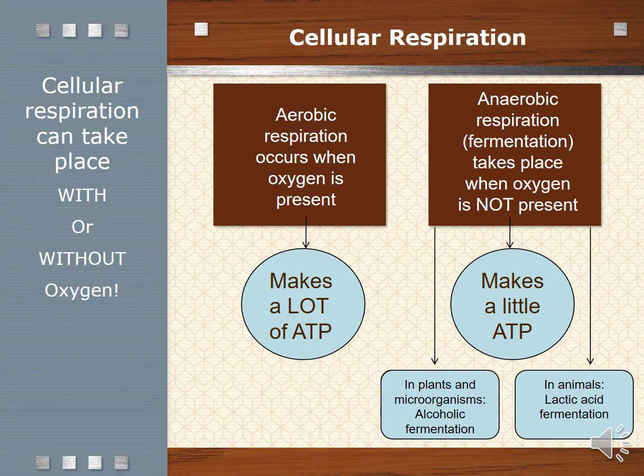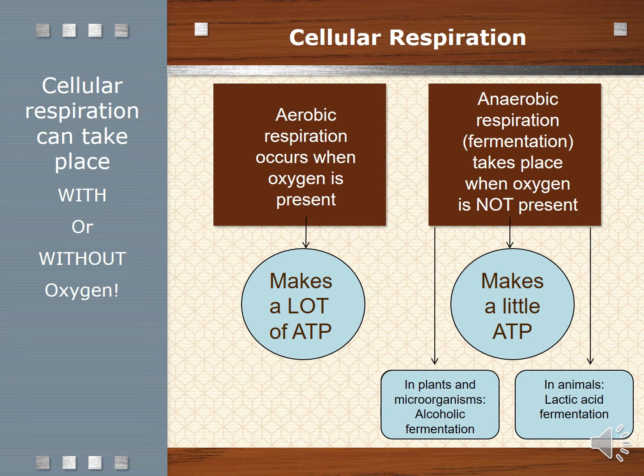Cellular respiration, however, can occur with or without oxygen. When you don't have oxygen, it occurs in a different path. When you have oxygen, we call it aerobic respiration, and aerobic respiration occurs when oxygen is present. Aerobic respiration is preferred, and it makes a lot of ATP.